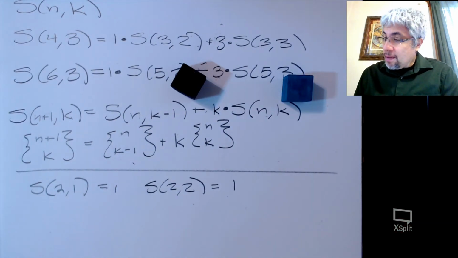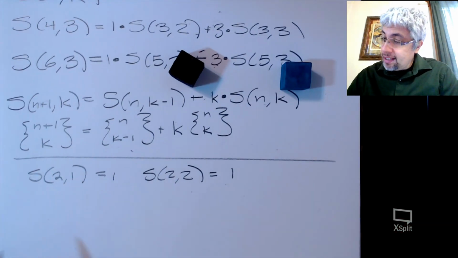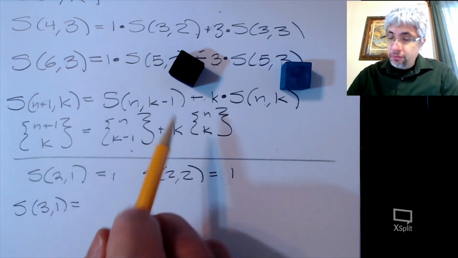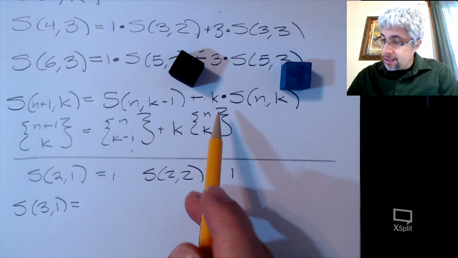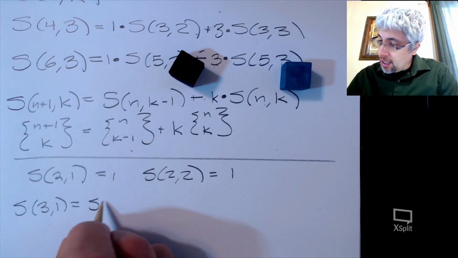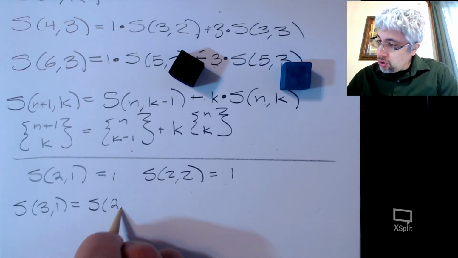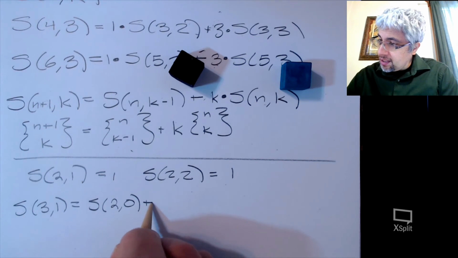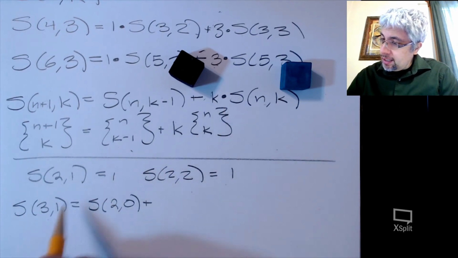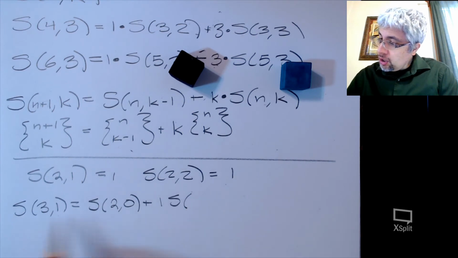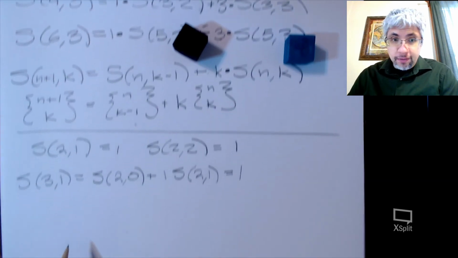But from these 2 numbers, I can now get, let's say, S(3,1), because using our formula here, it's going to tell me, okay, S(3,1) is going to be equal to S(2,0), not possible, plus, now my k here is 1 times S(2,1). So that's going to be 1.